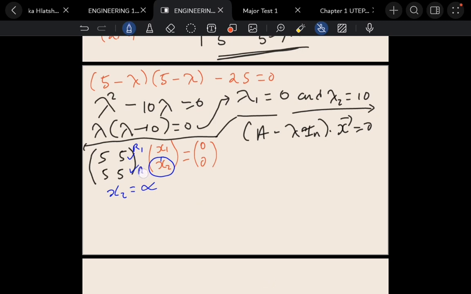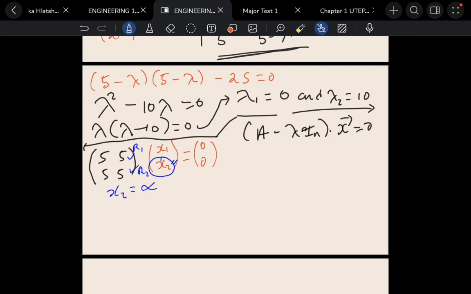Because row 2 is created from row 1, row 2 is called a free row. Because that is a free row, it corresponds with the second variable, which is called a free variable, which is alpha. A free variable is created when a row is depending on the other row. Since row 2 is depending on row 1, we will say that x2 is alpha.